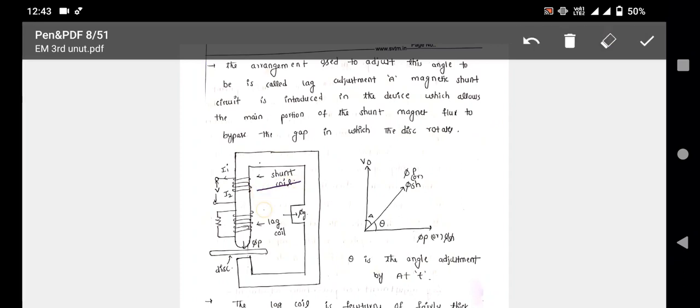It is a lag coil, the lead lag adjusting device, according to the power factor, on the aluminum disc. The pressure coil flux is phi sh, and the angle between phi and phi sh is theta, the angle adjustment.